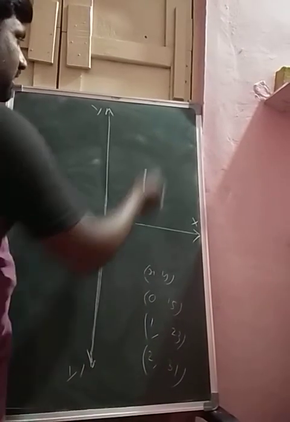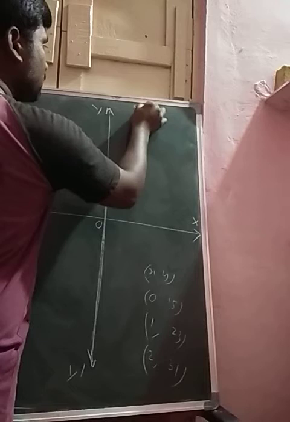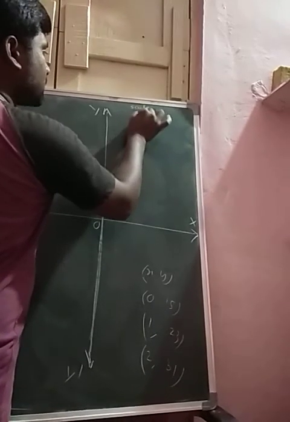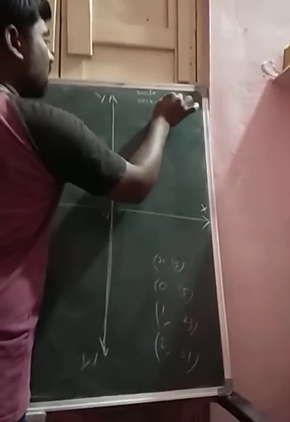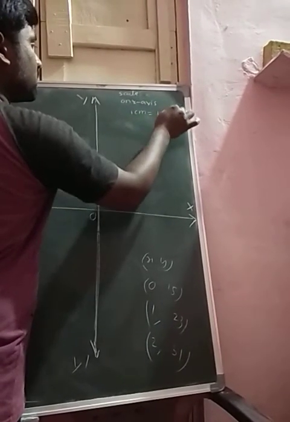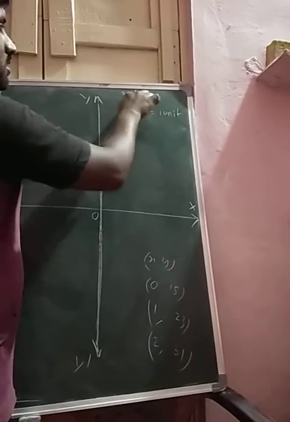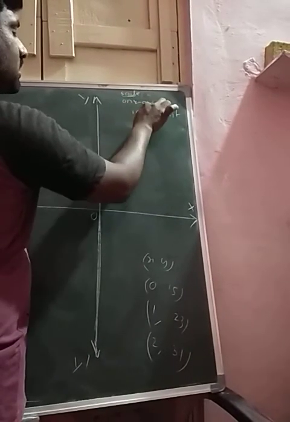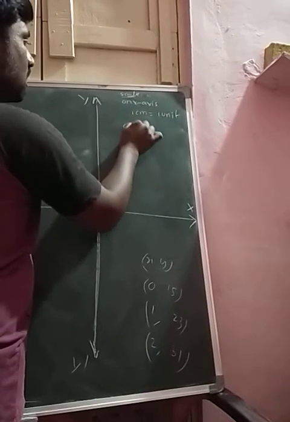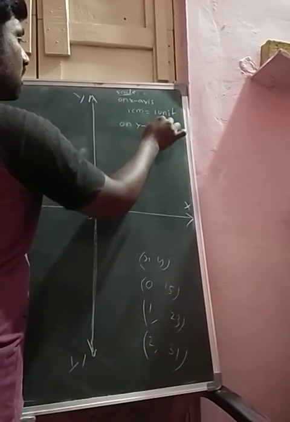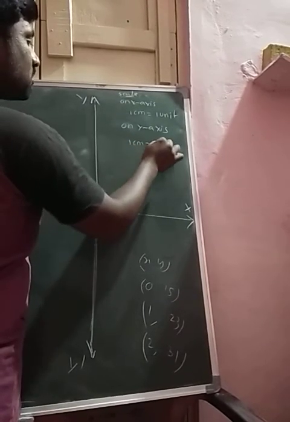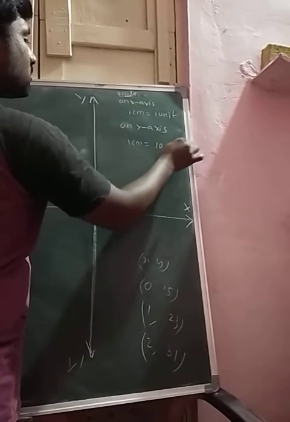That's why I'm taking the scale here. On the x-axis, 1 centimeter is equal to 1 unit, and on the y-axis I'm taking 1 centimeter is equal to 10 units.